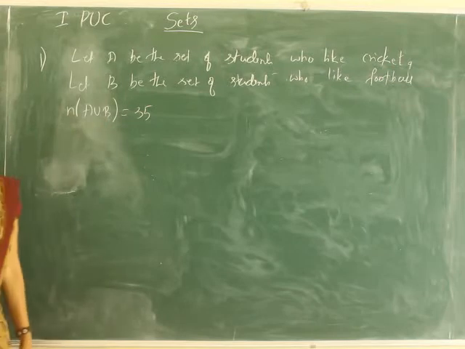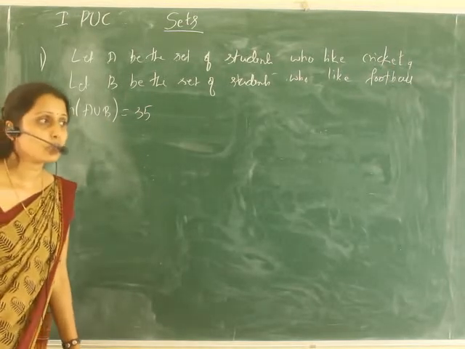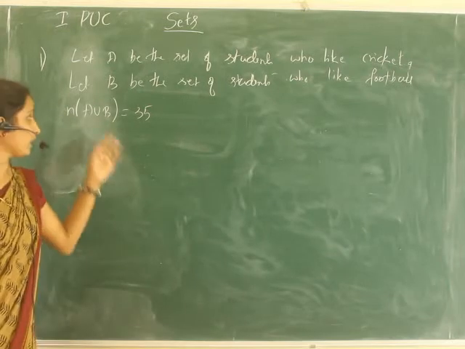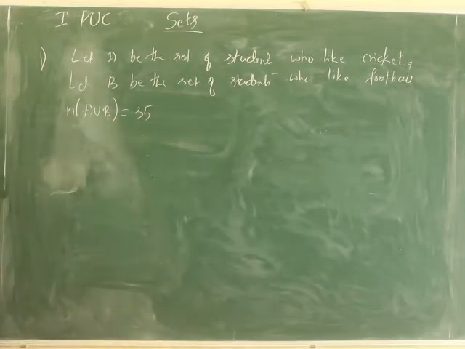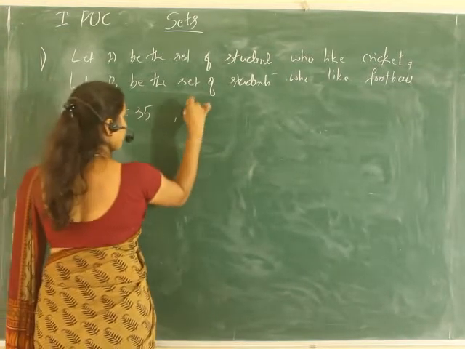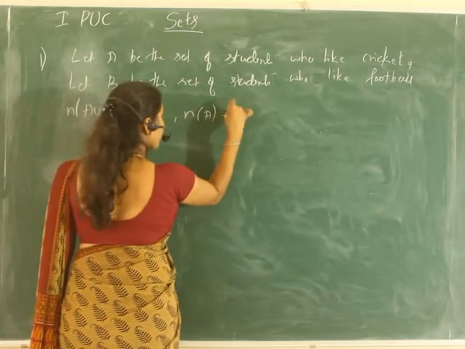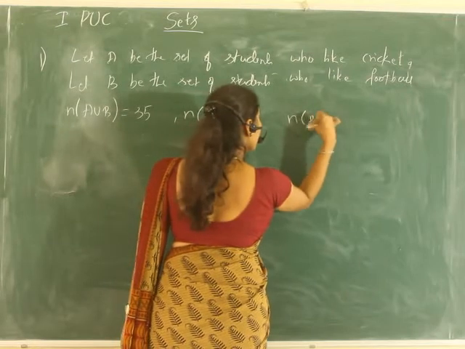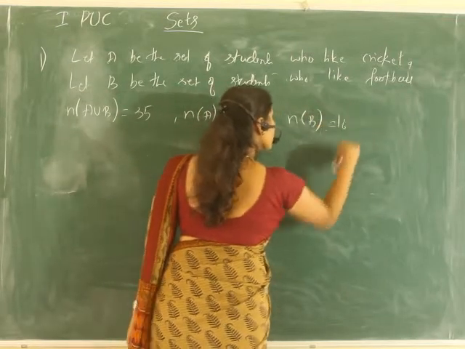We know the definition of union: elements belonging to A or B or both. So n of A union B is 35. Next, 24 like to play cricket, that means n of A is 24, and n of B is 16.